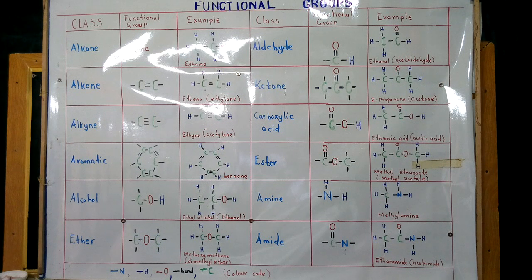Radical groups are groups which are not participating in a chemical reaction, so they are represented by a capital R. For this, we can just write an R which can substitute this carbon and this one. This one can be R, and then R prime if it's a different group. So that's the functional group for ethers.